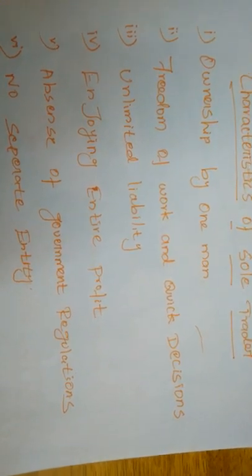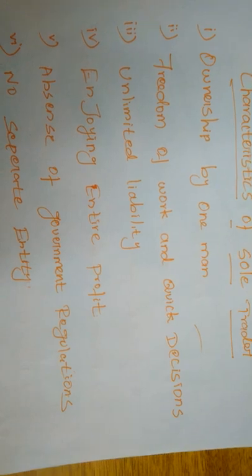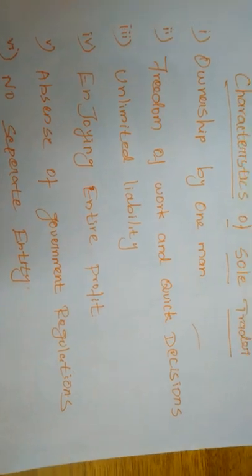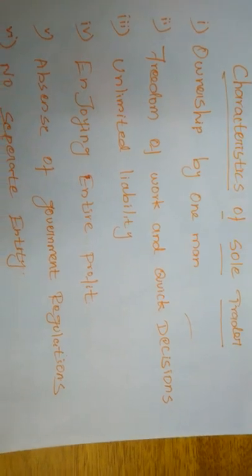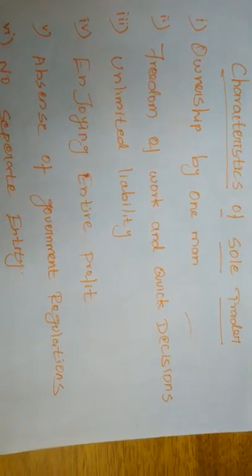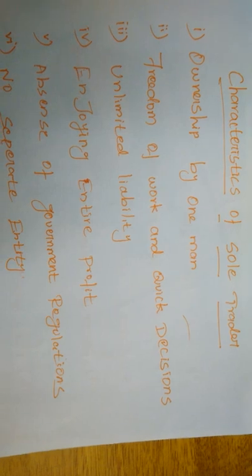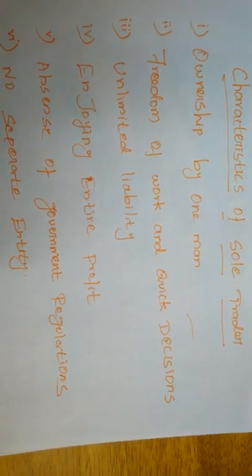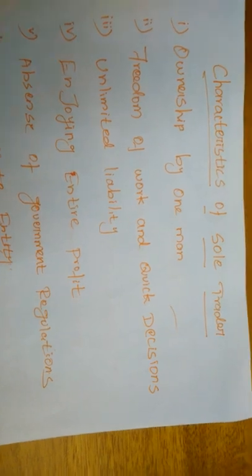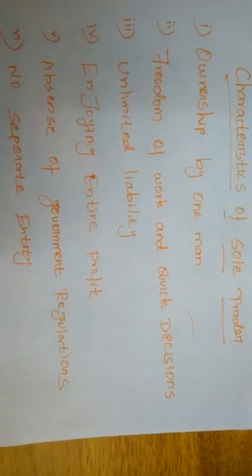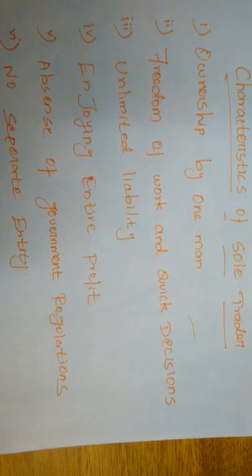He must give back all the money by selling his own property. Because he has the choice of enjoying the profit, at the same time he alone has to take all the responsibilities. So his responsibility is unlimited.